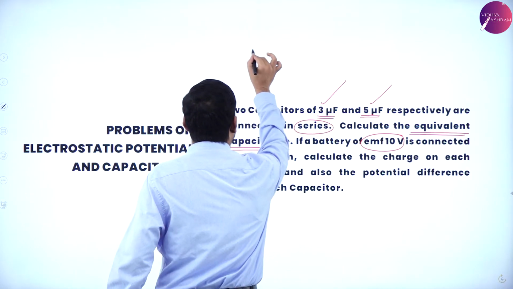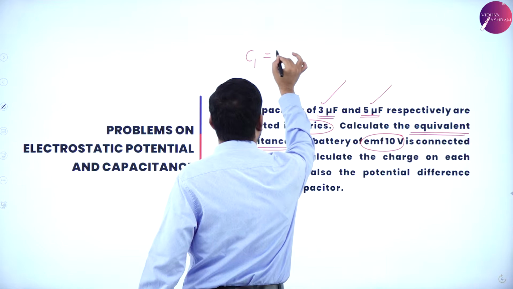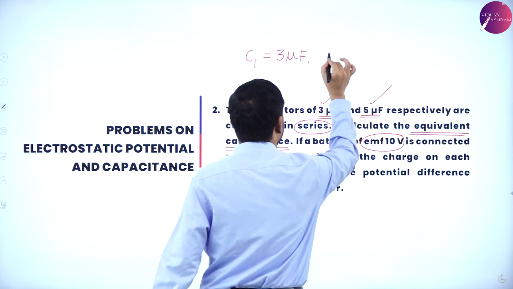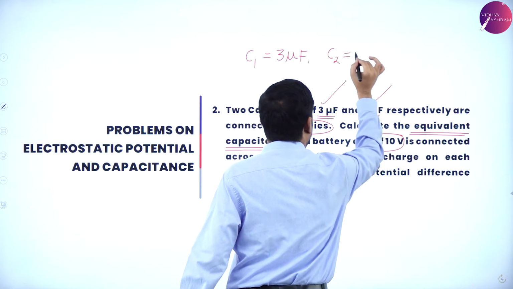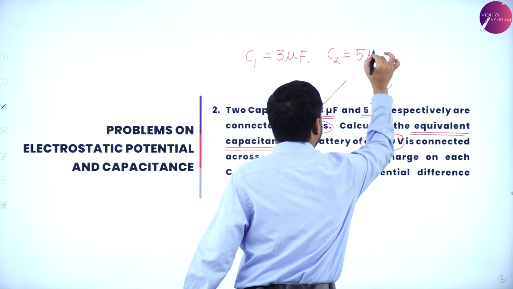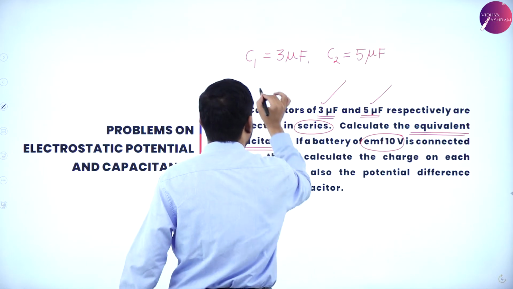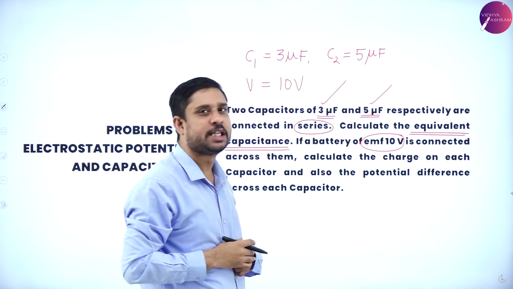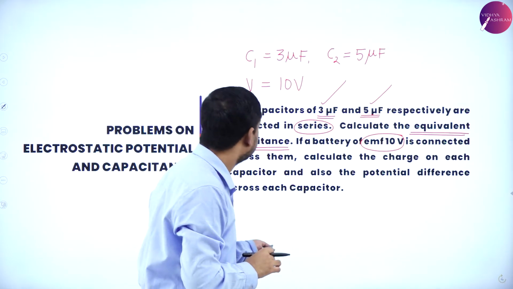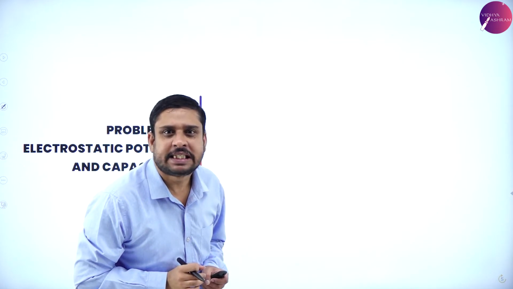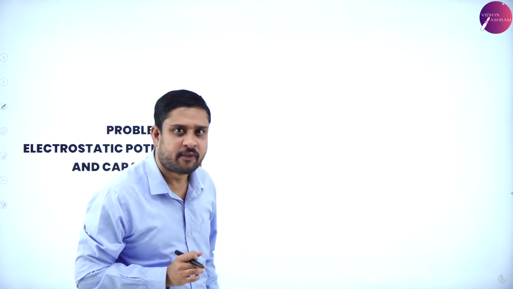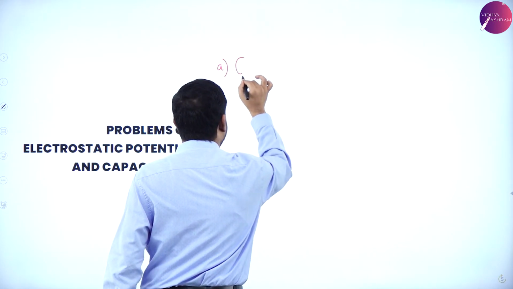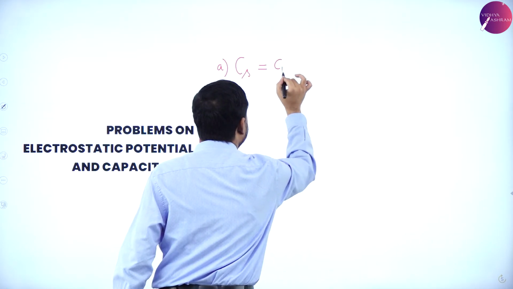Now, C1 is 3 microfarad. C2 is 5 microfarad. And they are connected across a 10-volt source. First, I will calculate the equivalent capacitance here. Again, they are connected in series as we saw before.